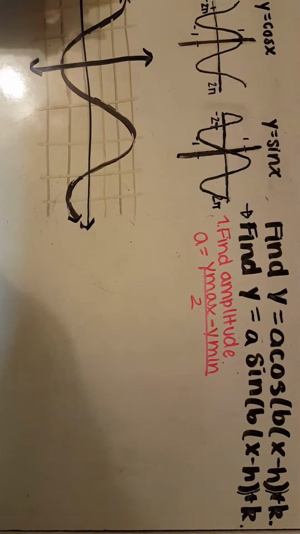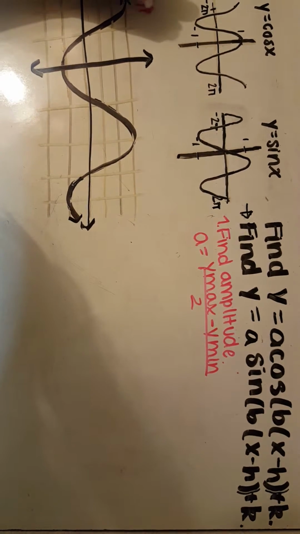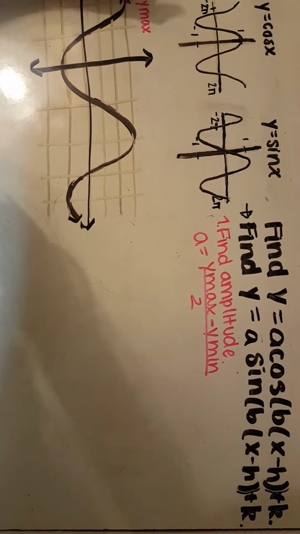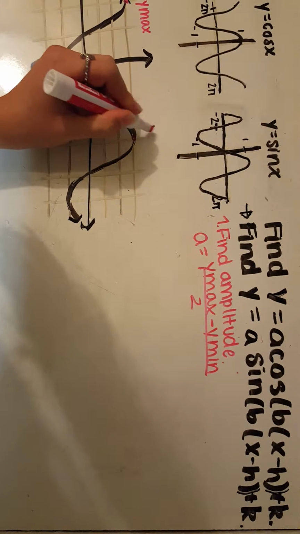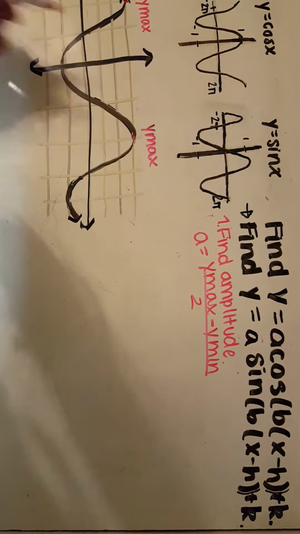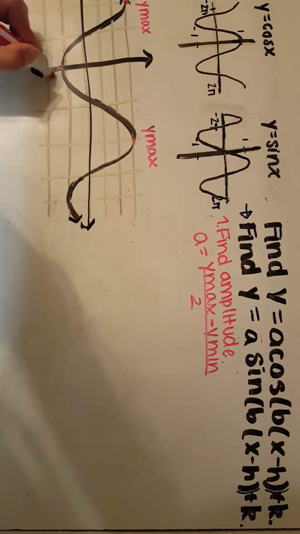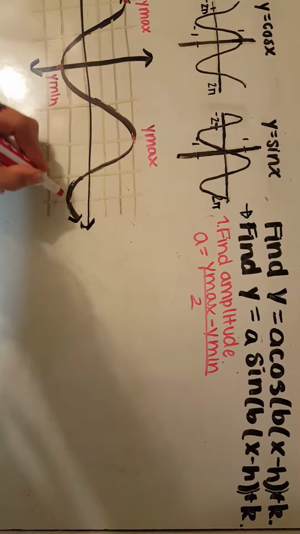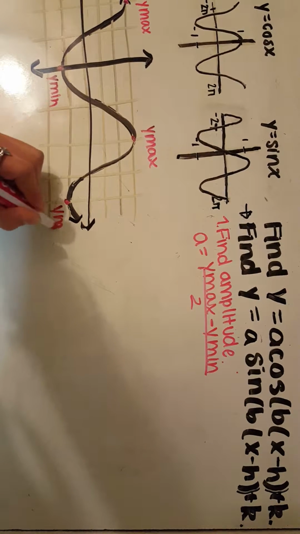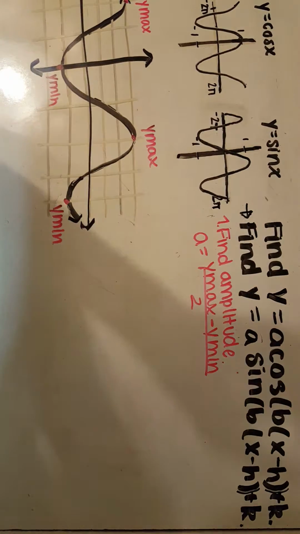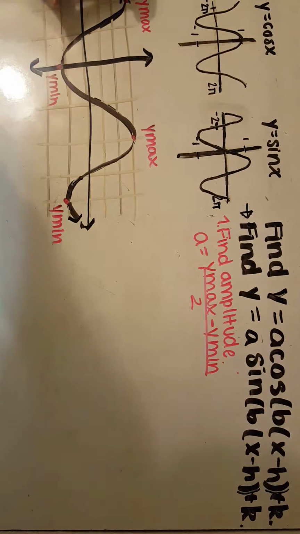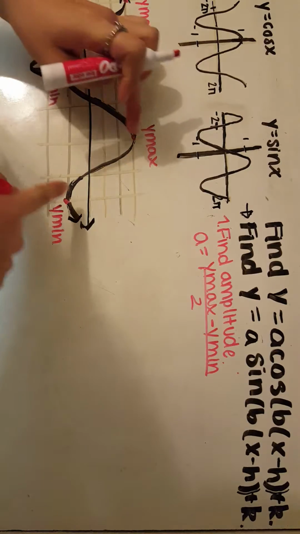And so if we look at this graph here, we have a y max at this point and this point. And so I'll go ahead and label that. And we have a y min at this point and also this point. And we can look at the difference between these 2 points and it's going to remain the same.